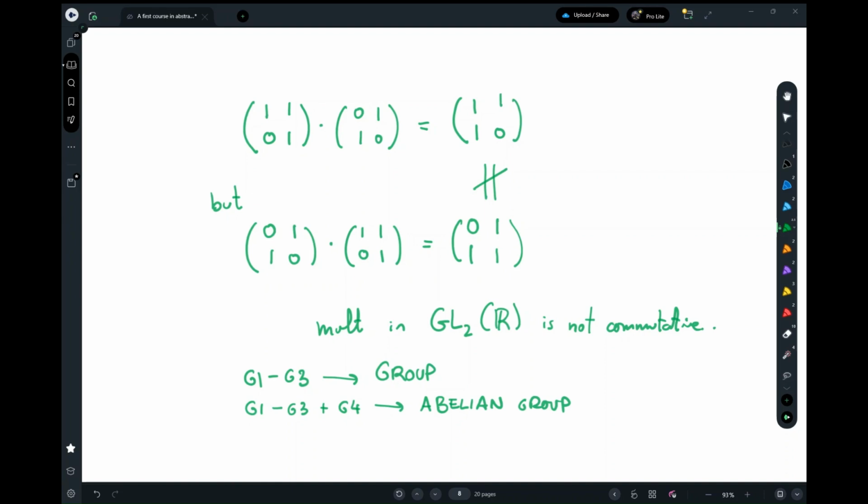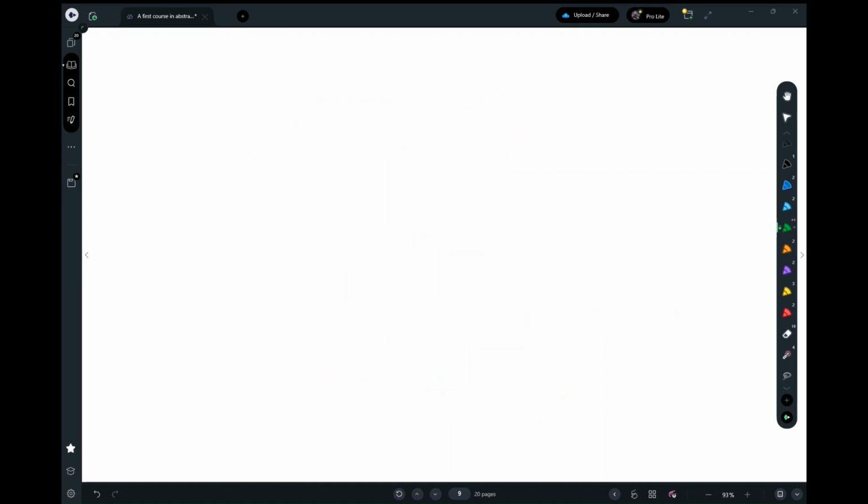Okay, and so let's see a couple more examples. Some of the examples of groups that are very important are those of symmetries. So let me show you the symmetries of a rectangle to start with.